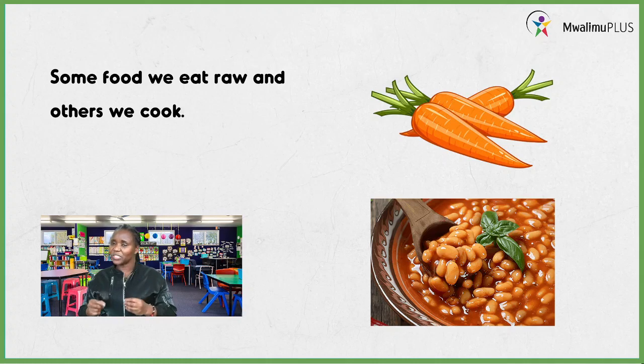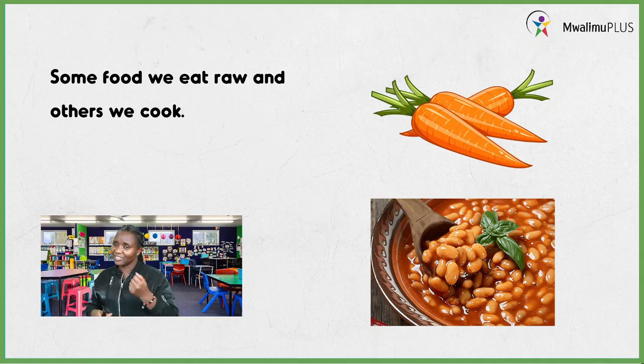I said we are talking about food. Some food we eat raw and others we cook. Yes, we have different types of food that can be eaten raw, that is, when they are not cooked, and others you cannot eat if they are not cooked. We have an example of a raw food.